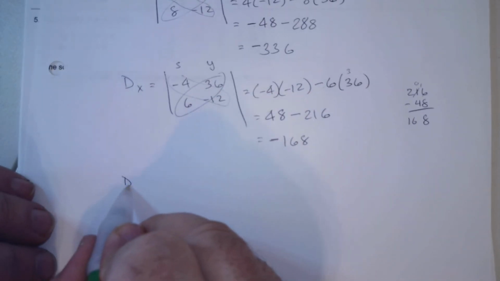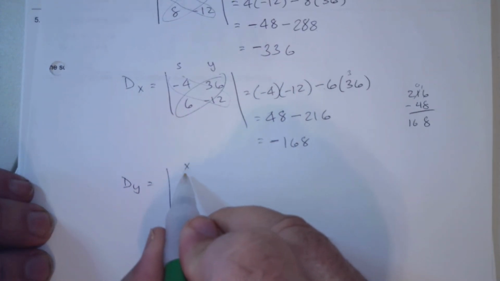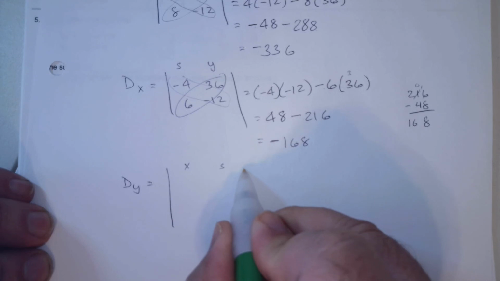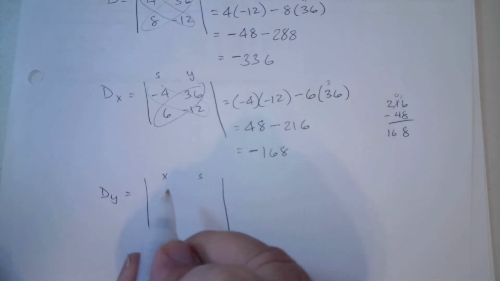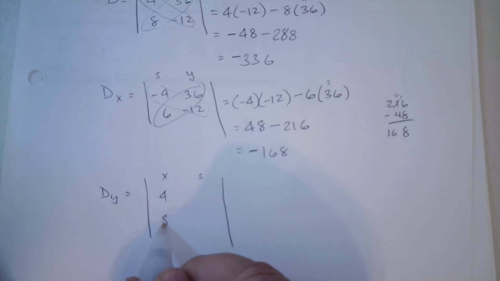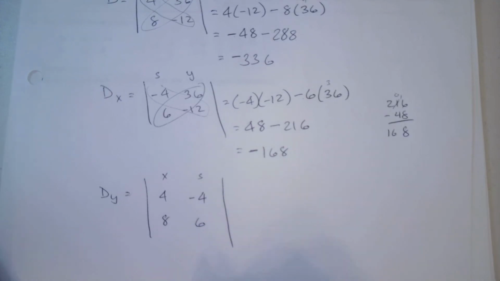Now I do the same thing with dy. For dy, I leave the x alone, put the solutions in the y column. So my x column, the original, was 4, 8. The solutions were negative 4, 6.